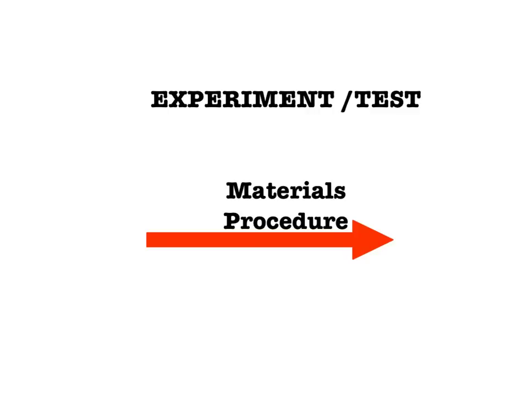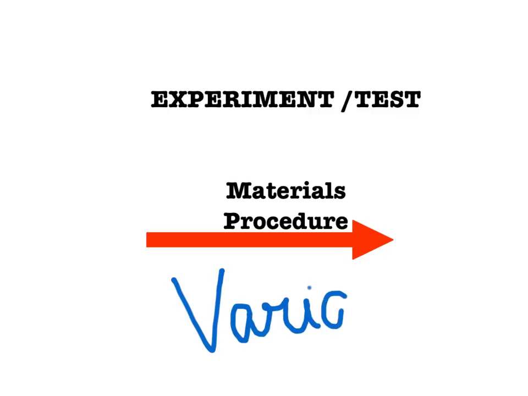So, one of the important terms that is used when we talk about experiments is variable. Variable, as you all might already know, in normal English language, means something that can change. So in an experiment, something that can be changed is a variable.